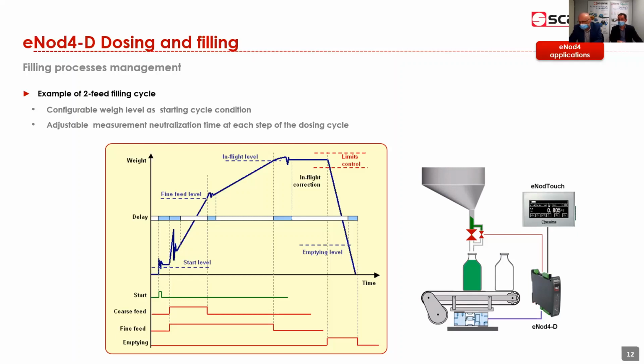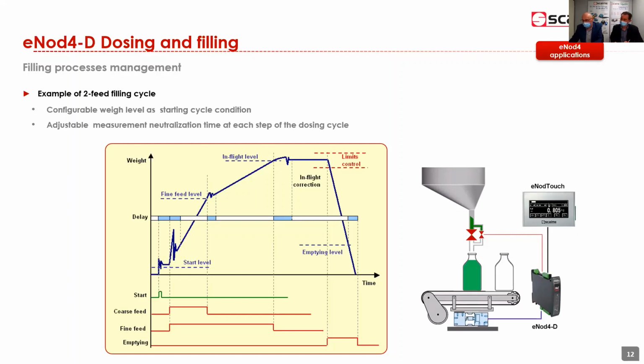So indeed, depending on the product to be filled, the process can be very different, but this is linked to the product itself. But the eNod4D is really open and allows many different configurations. So it's fully possible to adjust the cycle and the filling process in a different way.